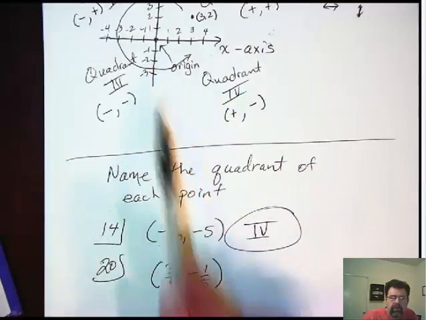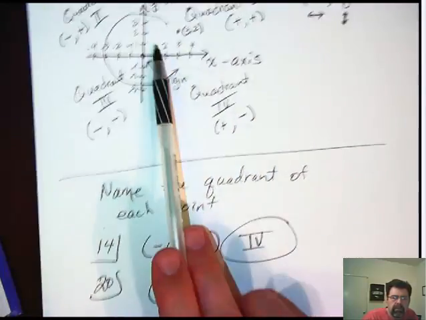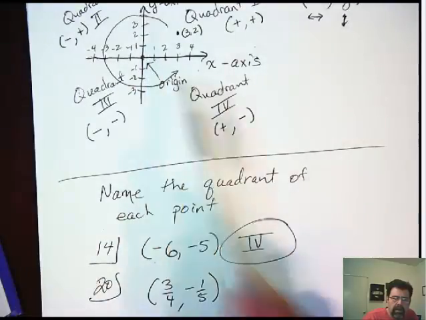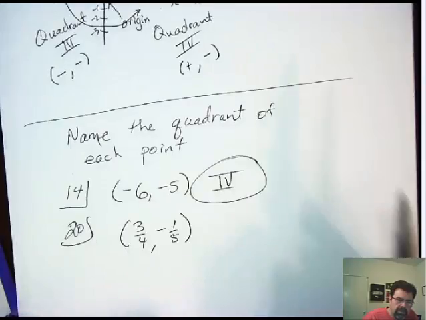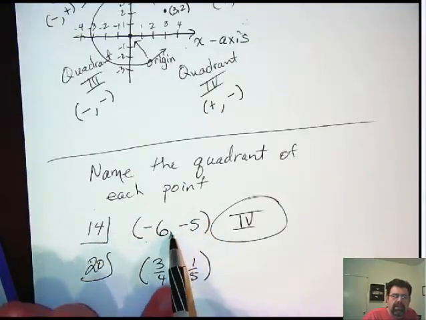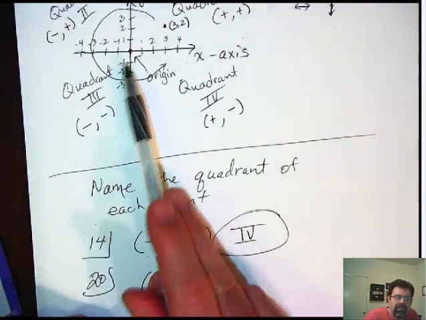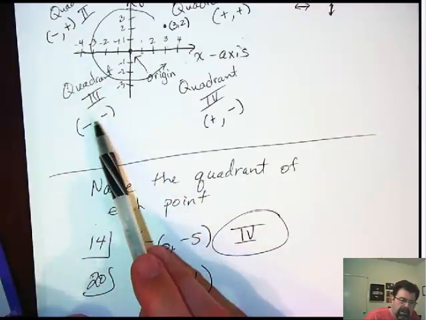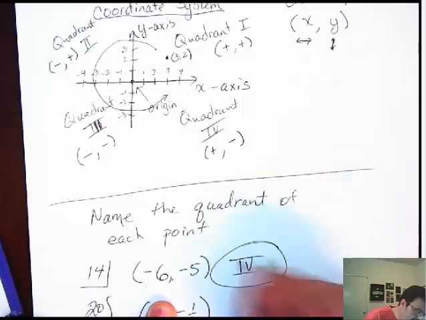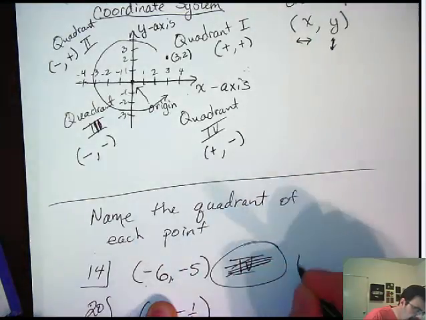We just have to know, okay, x is positive, so I'm going to the right. And then y is negative, so I'm going down. That one's also, oh, I messed up, didn't I? Negative is to the left. Negative, that's quadrant 3. I can't read my writing. So let's back up here. This would be quadrant 3.